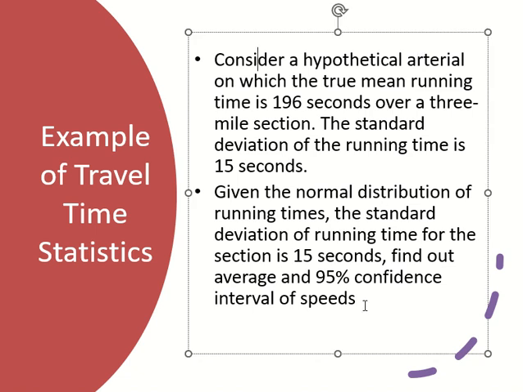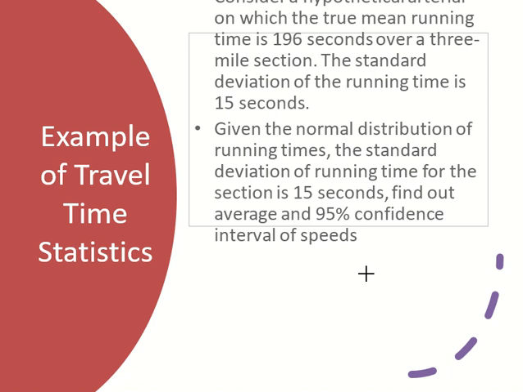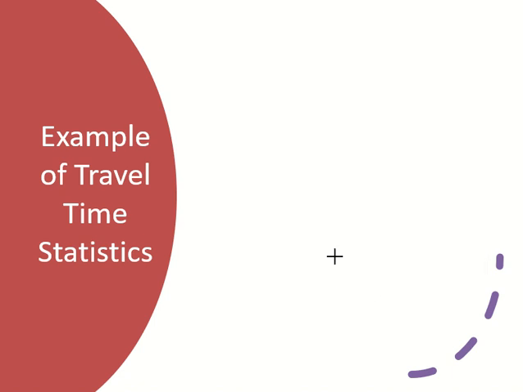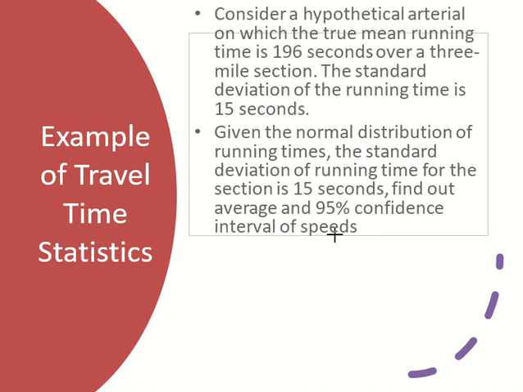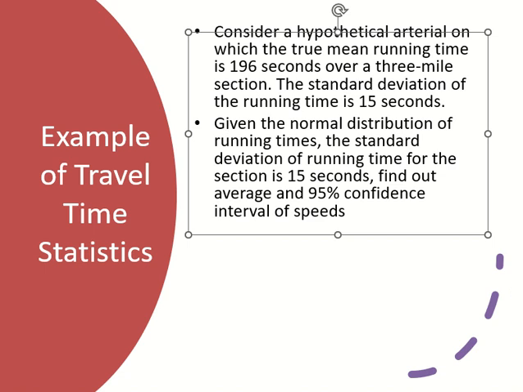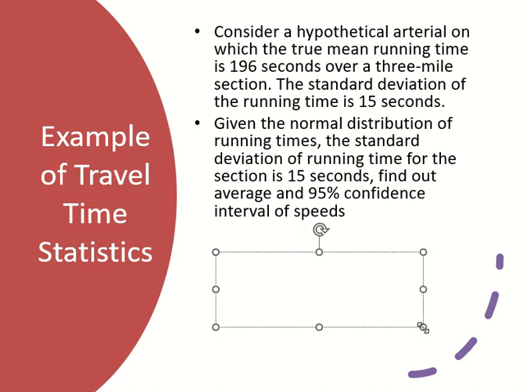So 2 things. Now average means mean, right? Average means mean. So how do I find the mean speed here? Tell me.